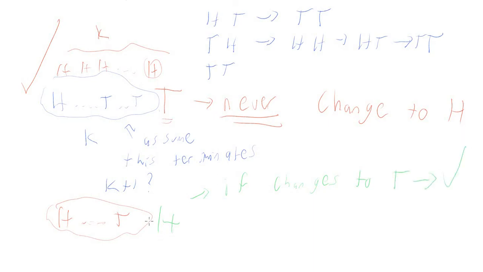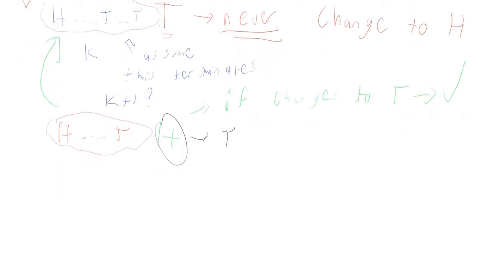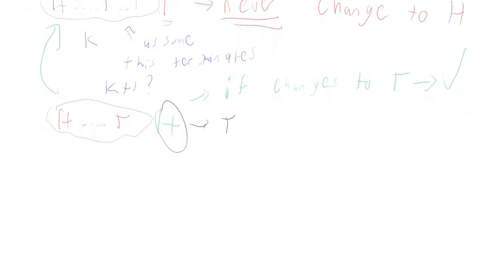We know the sequence will terminate because then it reduces to the above case. So we want to show that this will always switch to T. We want to show this changes to being a T at some point. Okay, so how does this happen?